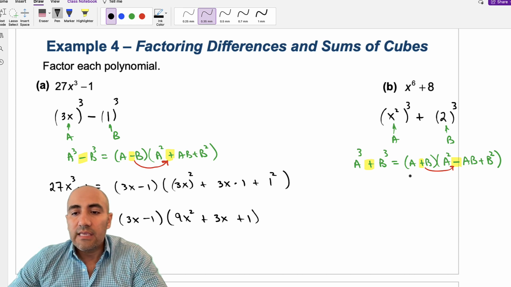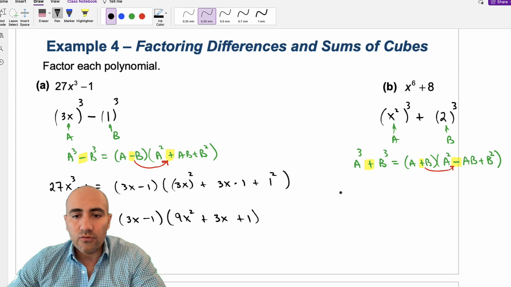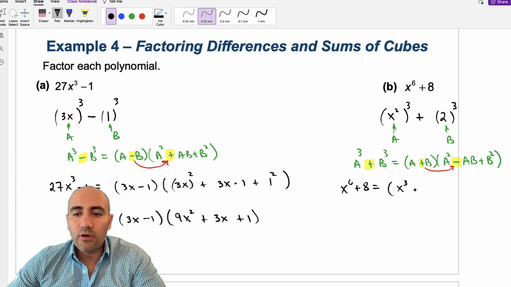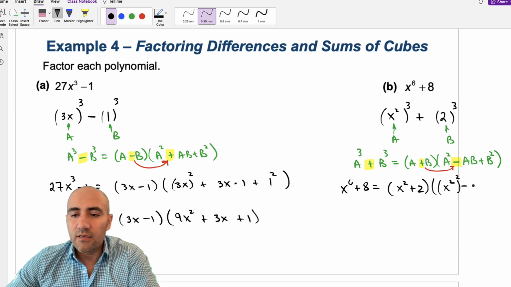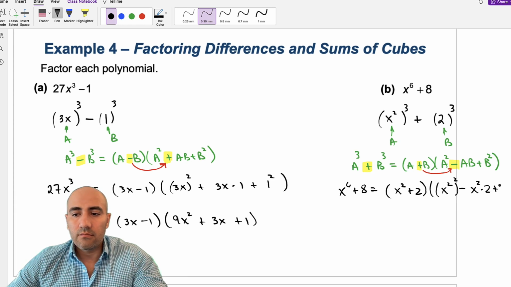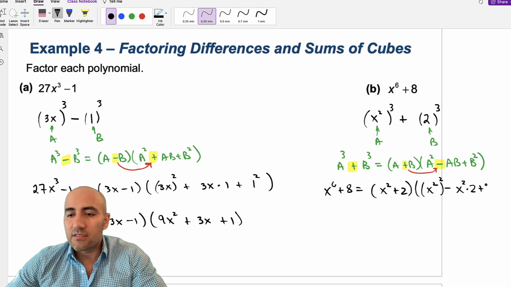Okay, so now I just apply this pattern right here. This is going to be equal to A plus B, where A is x squared. So this will be equal to, let's copy the whole thing down, x to the power of 6 plus 8 is equal to x to the power of 2 plus 2, parentheses, (x to the power of 2) squared, minus x to the power of 2 times 2 plus 2 squared.